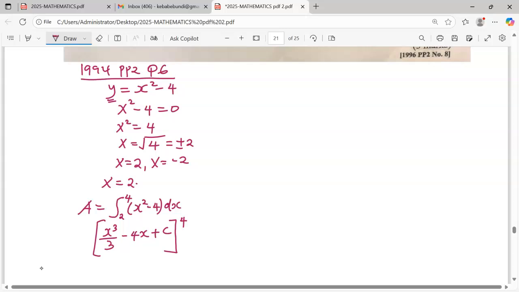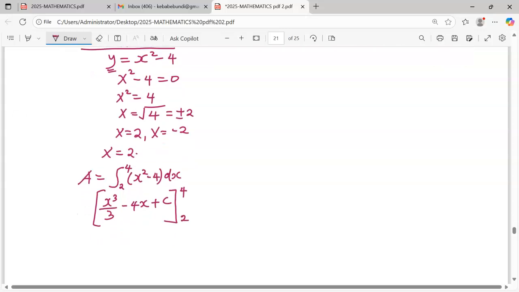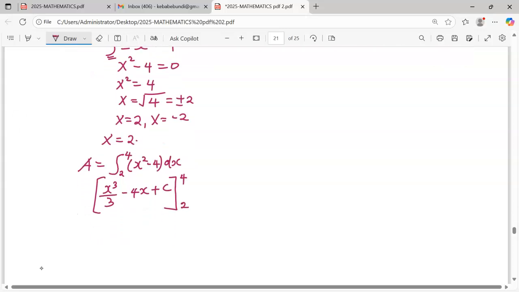You introduce the limits. Once you have gotten the limits with your integration intact, to get the area now, you substitute the upper value of x into the function. You also substitute the lower value, then you subtract the 2, you get the answer.